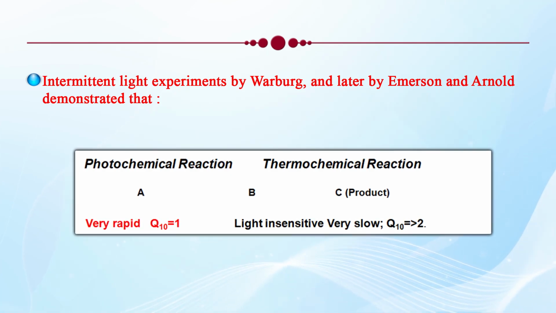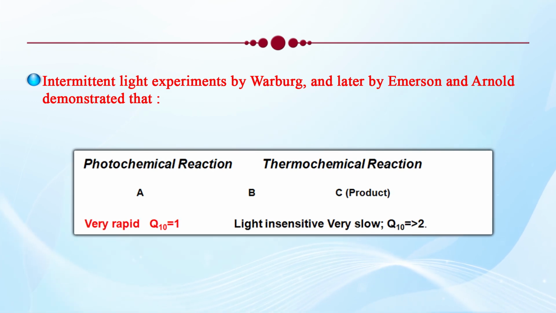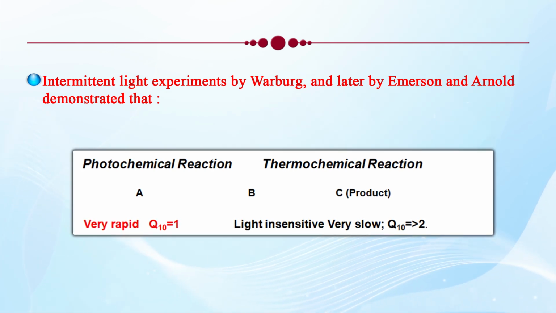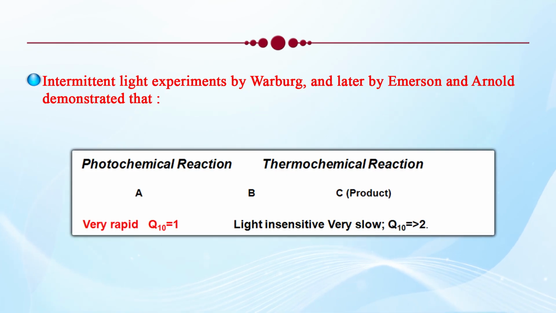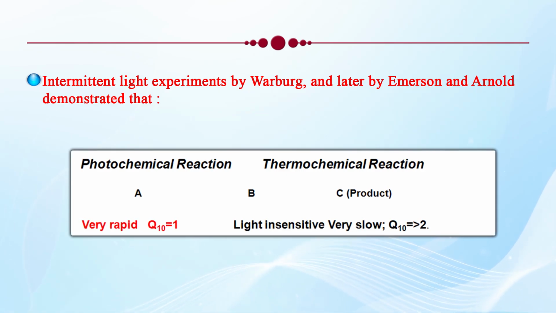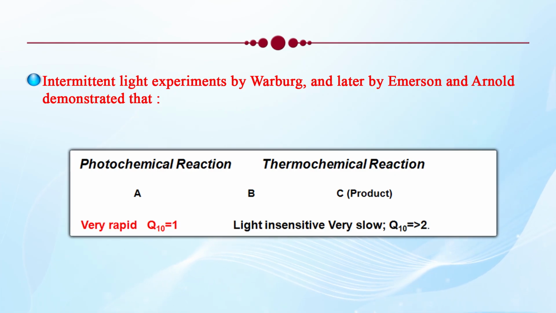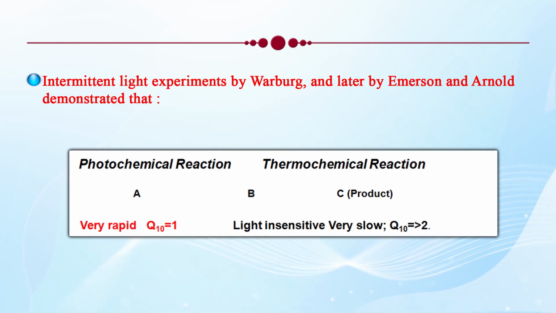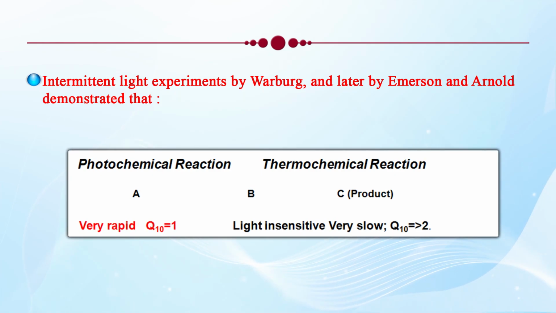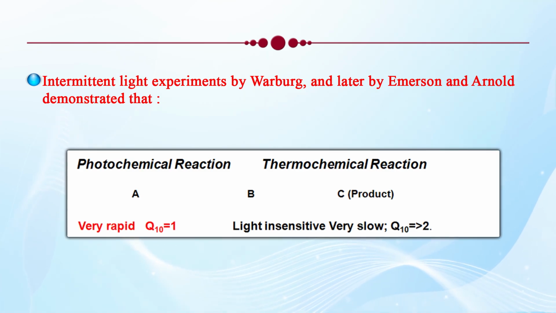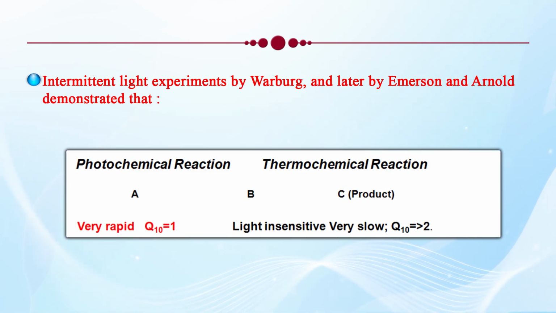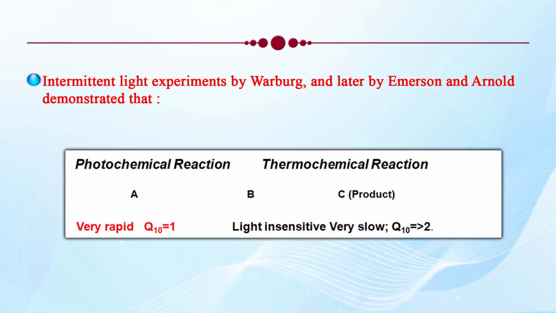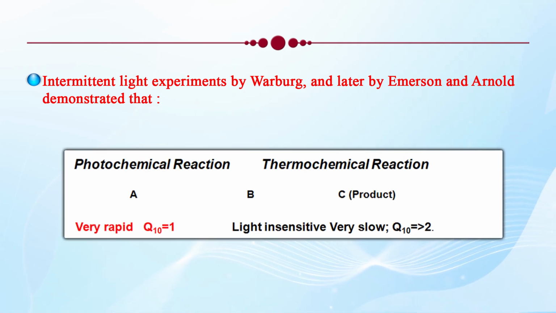The first phase is a very rapid process whose Q10 is 1, and we agree that phase 1 is the actual photochemical reaction, which we later called the light reaction, and it gives rise to a product which is then very slowly converted into the final product C. And you know what the final product is. In this case, it is the hexose sugars.